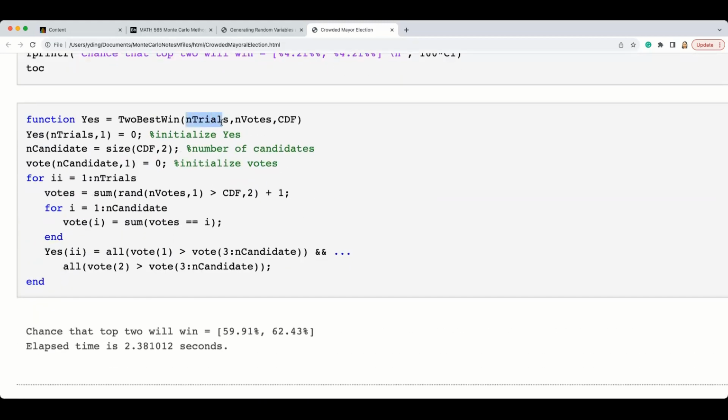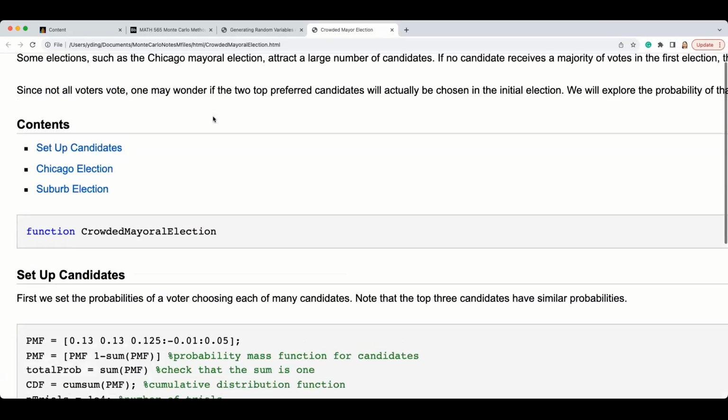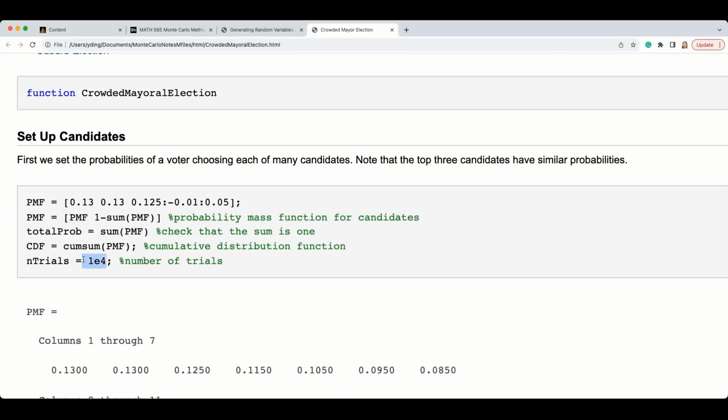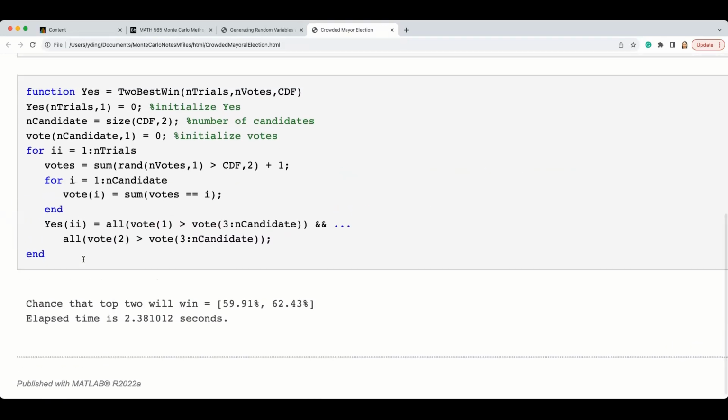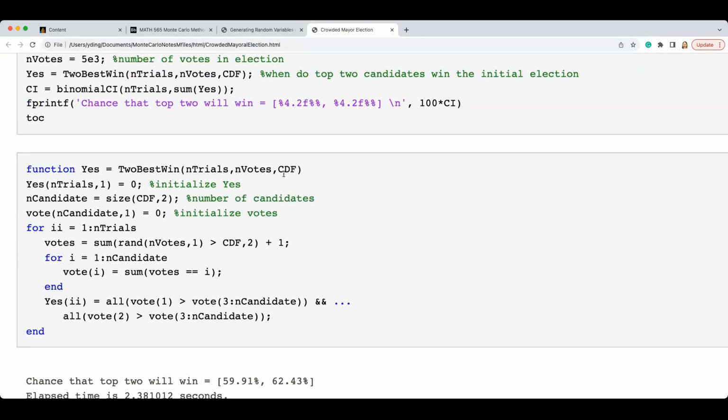So n trials, n votes, and the CDF, these 3 are the input. n trials means here we do 10 to the 4 times. This is the trials we have, and votes here, and then this is the CDF. So yes, is where we initialize this vector. This is the size of trials to see if it's true or false. So it's being selected for the 2 best.